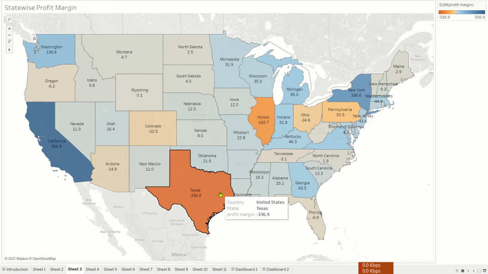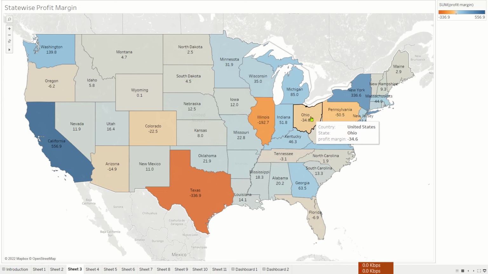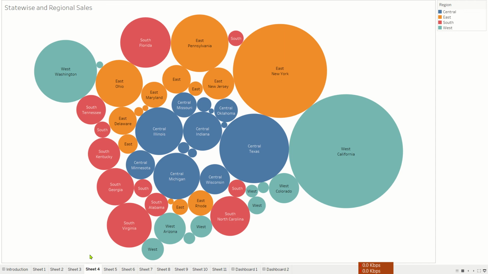And Texas shows the minimum profit margin, that is the maximum loss or the maximum loss margin. So Illinois and Pennsylvania do not show as much profit margin as they show in the profit figure.